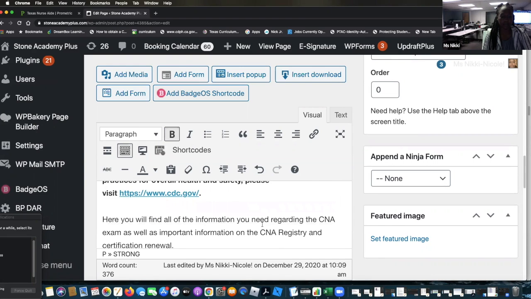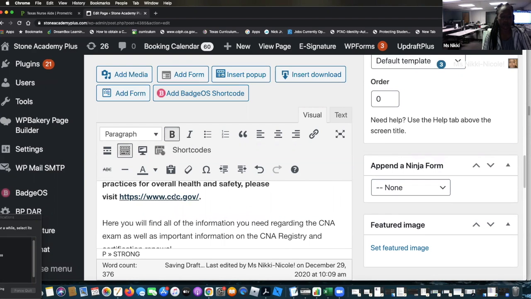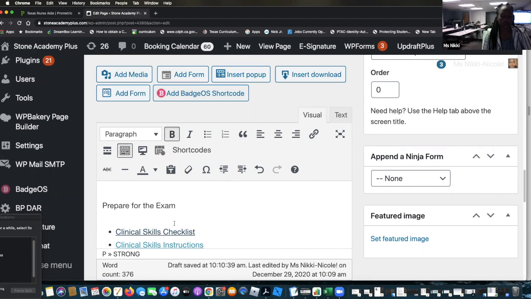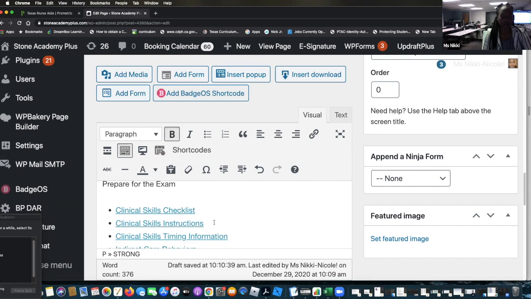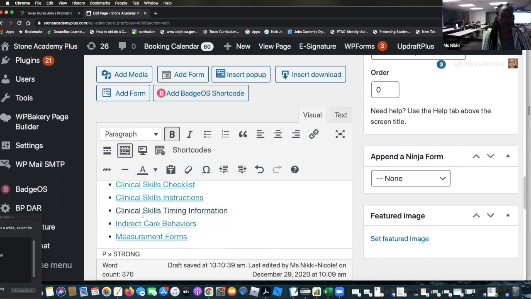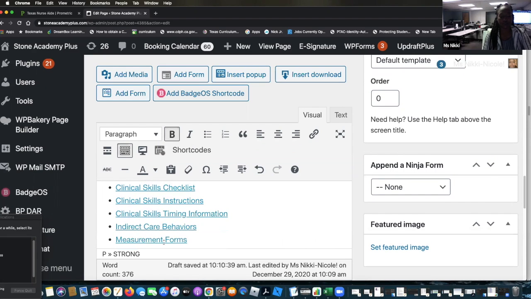All right. For the latest CDC information about COVID, you can click on there. Preparing for the exam. Okay, so to prepare for the exam, here's a checklist of things, the skill instructions, all the things that you will learn in class and I will have questions on.